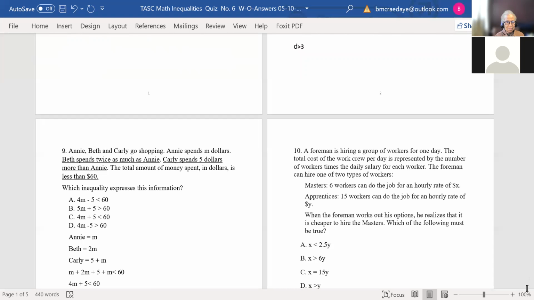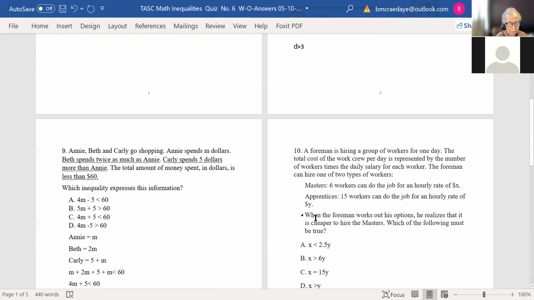Masters: 6 workers can do the job for an hourly rate of $x. Apprentices: 15 workers can do the job for an hourly rate of $y. When the foreman worked out his options, he realized that it is cheaper to hire masters. Which of the following must be true?